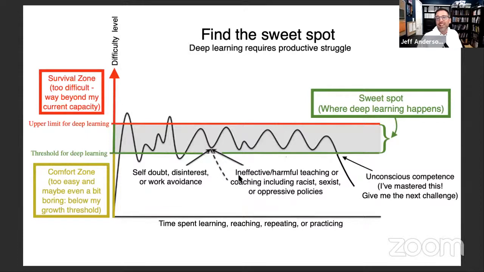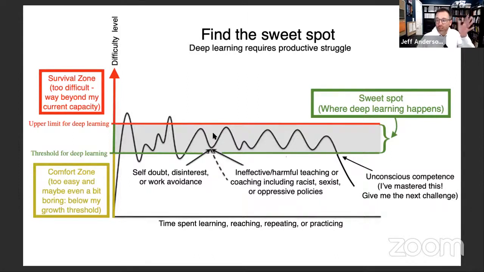But I want to actually highlight another reason, which is harmful and ineffective teaching or coaching strategies. And this might include racism, sexism, and oppressive policies, right? One of the really interesting things about learning in classroom environments is that we learn within our society. And there are a lot of harmful, oppressive policies in our society that show up in microcosms in our classroom.